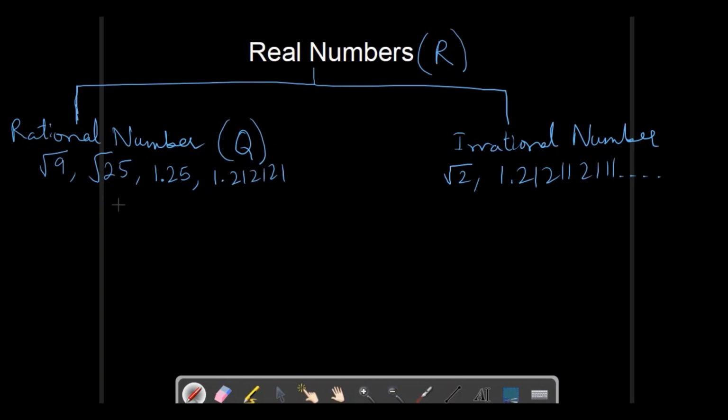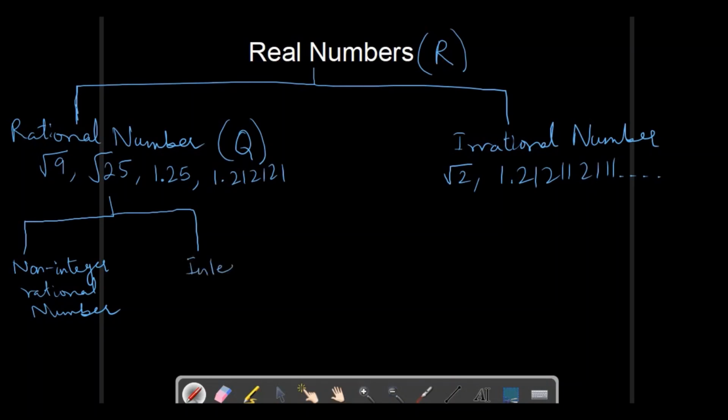Next, the rational numbers are further classified as non-integer rational numbers or the integers.